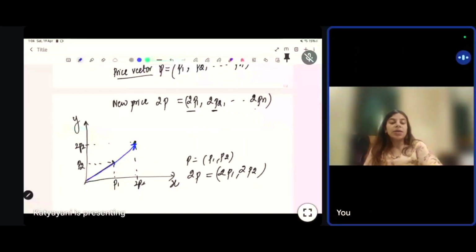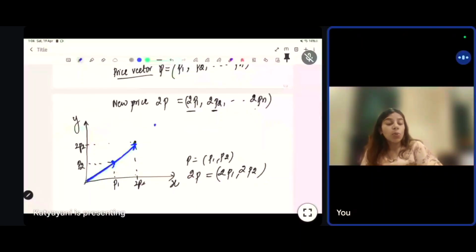You can see that whenever I am multiplying the vector with a number, the direction remains the same, only the length has doubled. If I am doubling the vector, the length doubles. If I make it 3p, the length would become triple, reaching up to here.